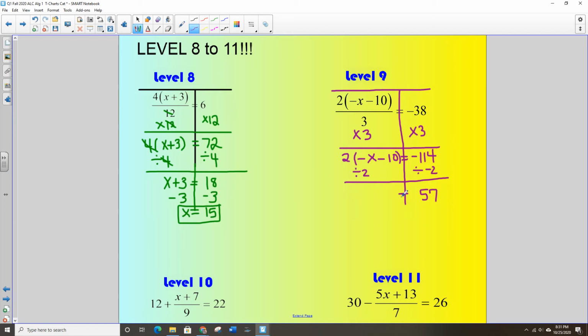All right, on this end, now that the 2 is gone, we're going to drop the force field, and you're left with negative x minus 10. And this can be a little bit funky, so I would suggest at this moment that you change this so it says negative 1x. All right, what are we going to undo next?